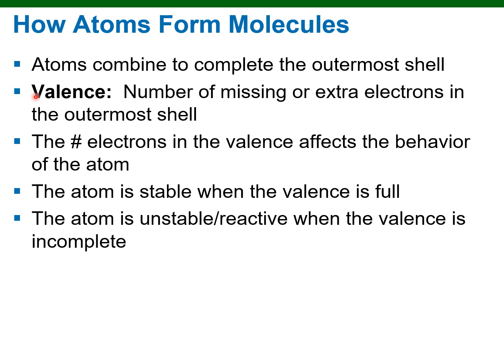A key term here is valence. Valence refers to the outermost shell, and so we can talk about valence electrons that are in that outermost shell. Typically, electrons can be lost out of that shell or they can be gained, and this is all going to be in a way that contributes to the stability of a molecule or an atom.